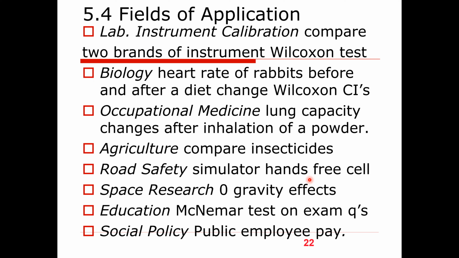Here are some fields of application of those methods for paired samples. For example, to compare the lab instrument, the same instrument from two brands or producers, we can use the Wilcoxon test. And to get a confidence interval of the changes of some vitals before and after some activities like exercises or treatments, we can use Wilcoxon confidence intervals.